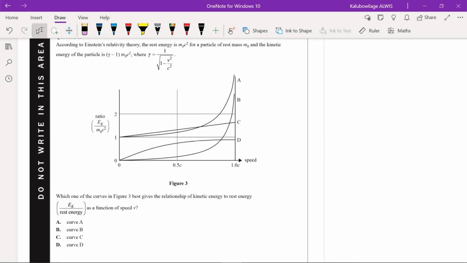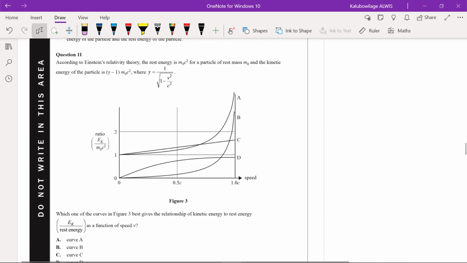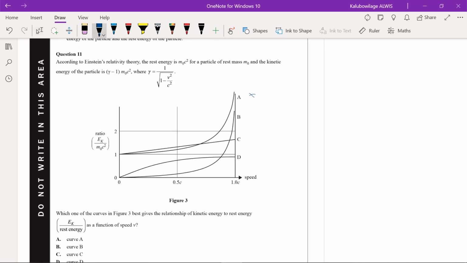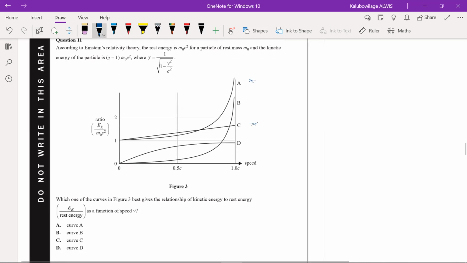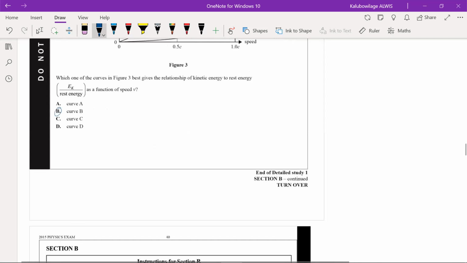So E_k has no value at zero speed, so it can't be A, and it can't be C. These say that kinetic energy does not keep increasing and comes to a constant. It can't be D. It has to be B.